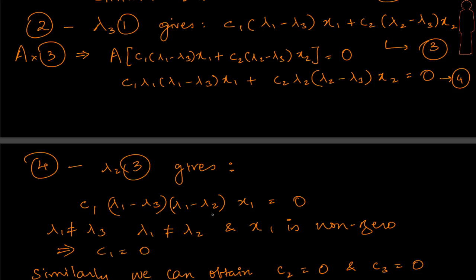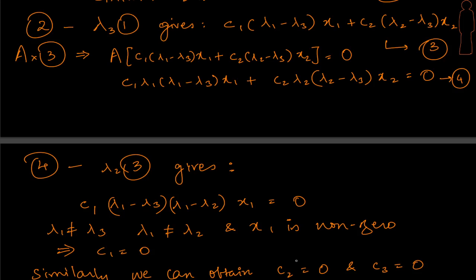Now look at this, we know that lambda 1 is different from lambda 2, so this is non-zero, this is also non-zero, and I have a non-zero vector, right side is becoming the 0 vector. How can that be possible? Because it is just a multiple of a single vector which is non-zero, and therefore we get the fact that C1 has got to go to 0.